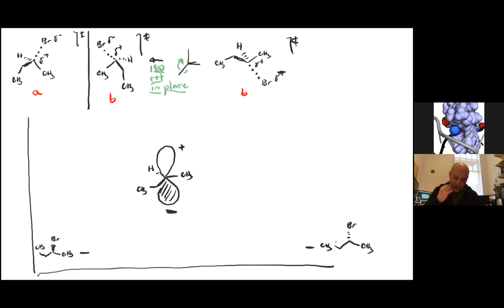Okay, and just to drive home the point, these are enantiomers, right? And so they have the same energy. Because they have the same energy, I put them at the same vertical height.